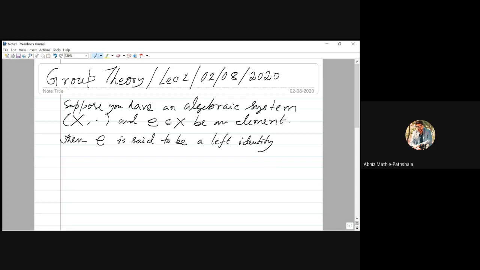Monoid has already been completed. Monoid, definition of monoid. Okay, just recap this definition.